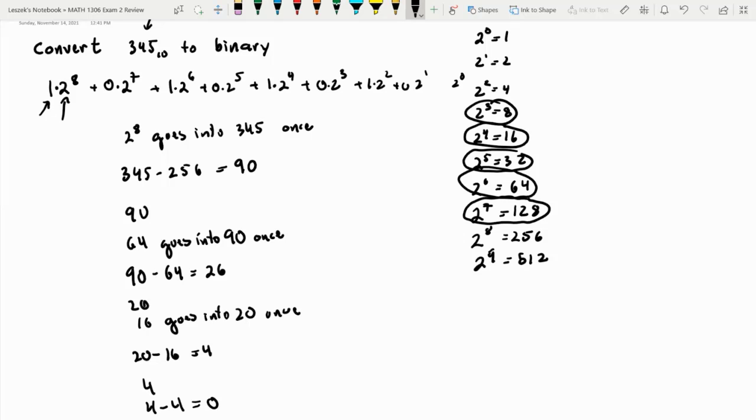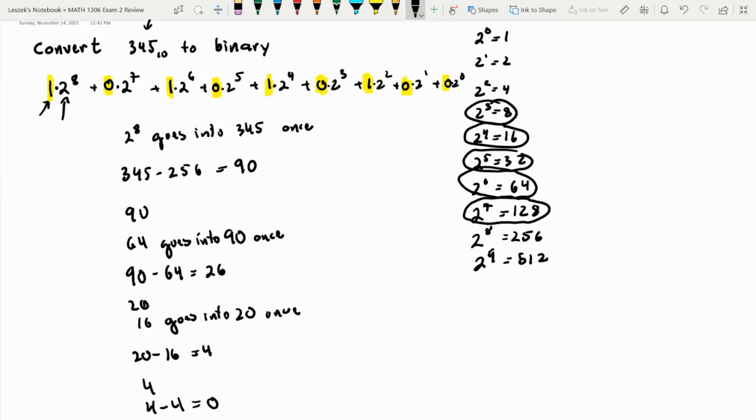So for the rest, we have no other powers of 2 included because we have accounted for our whole number. And then the binary expression is just the digits multiplying the consecutive powers of 2.